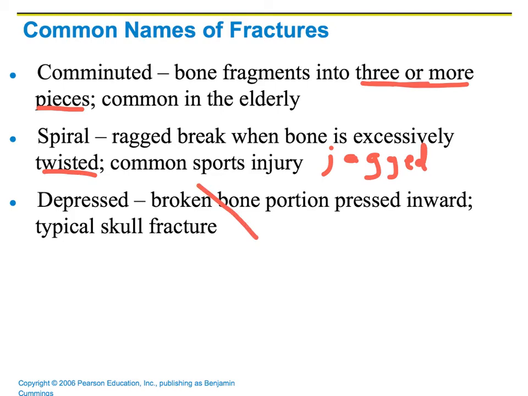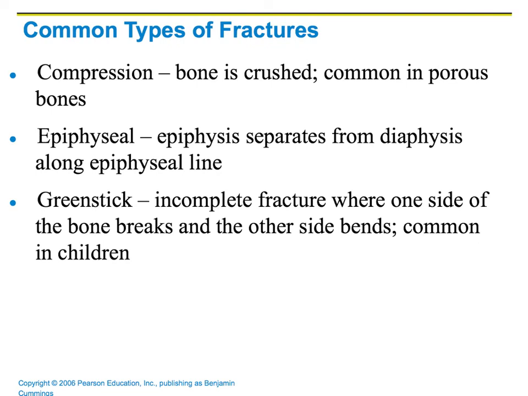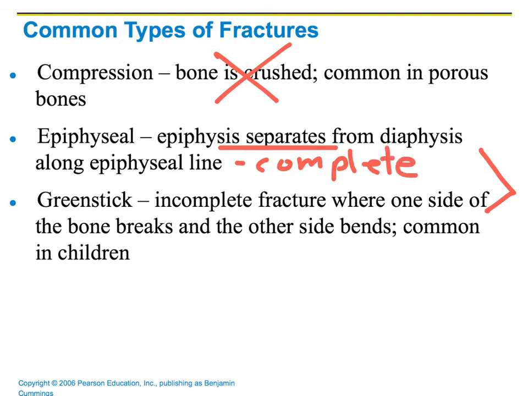Depression fracture I'm going to eliminate as one that you're required to know. I'm also eliminating compression. These two you need to be careful of because they are similar. They're both in the area between the epiphysis and the diaphysis. An epiphyseal fracture is almost always a complete fracture. The epiphysis separates, therefore a complete fracture that occurs at that location.